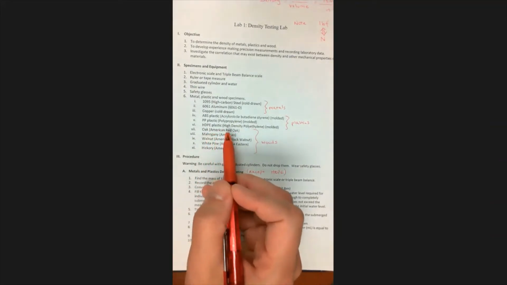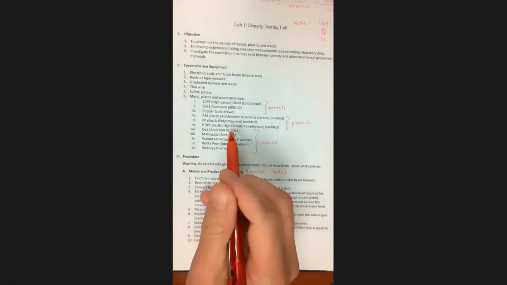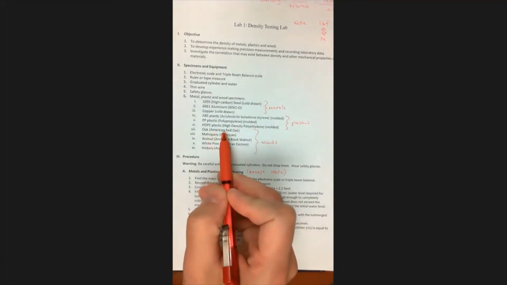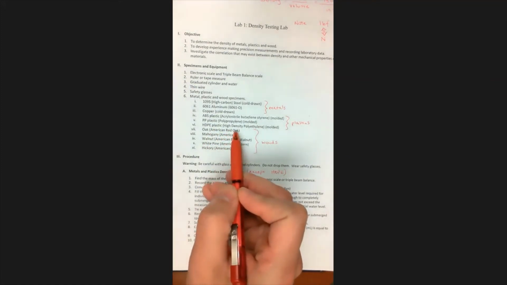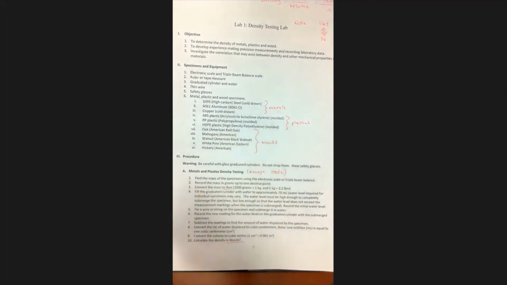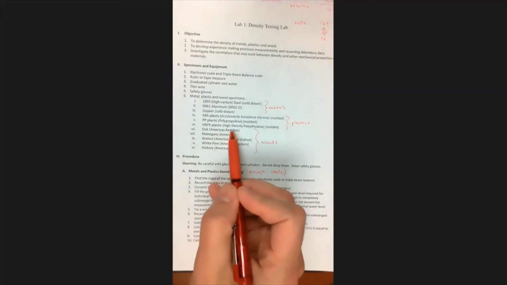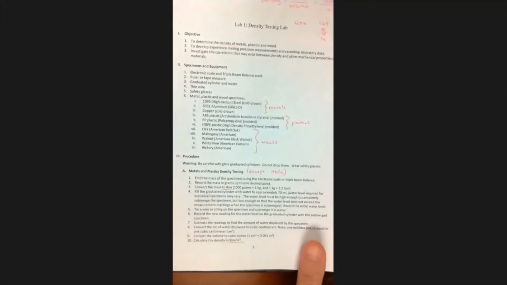So I'm trying to be as specific as I possibly can here. If you look up American red oak, there's probably only one listing on matweb.com for American red oak. If there's more than one, then just pick one. They should be very, very close. If there's multiple kinds of American red oak, then those data points are probably very similar. So just pick one.